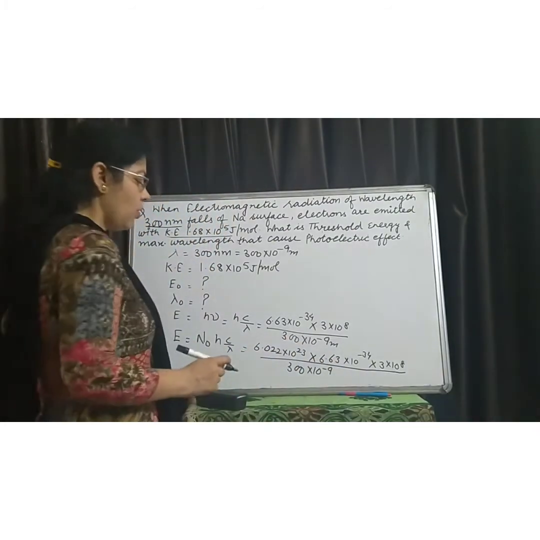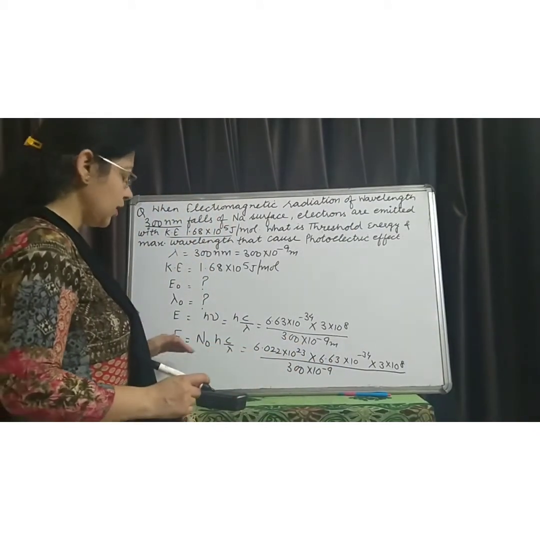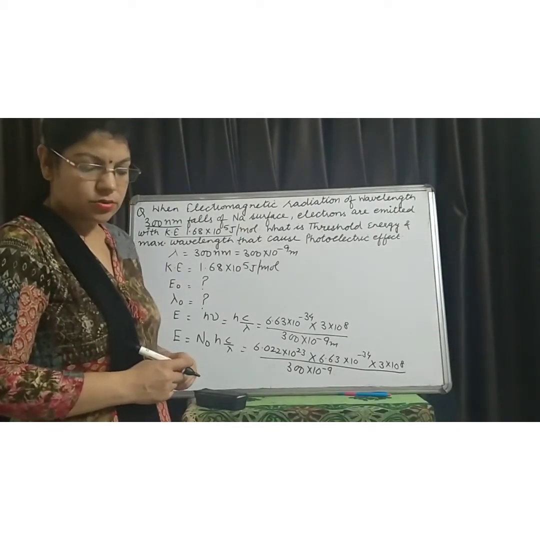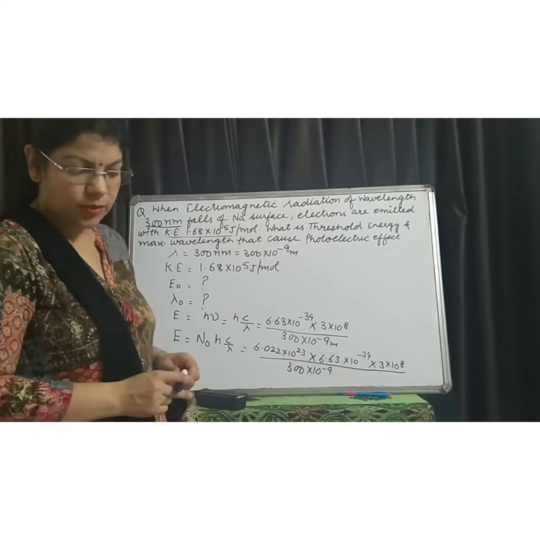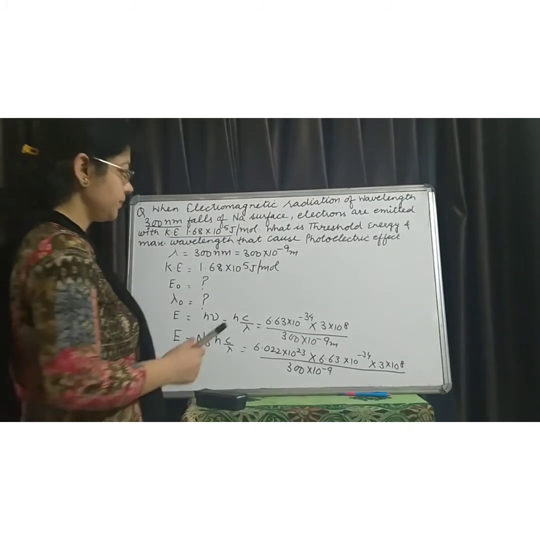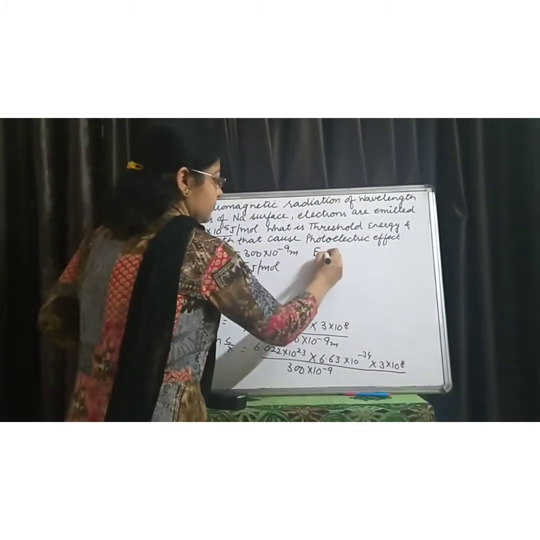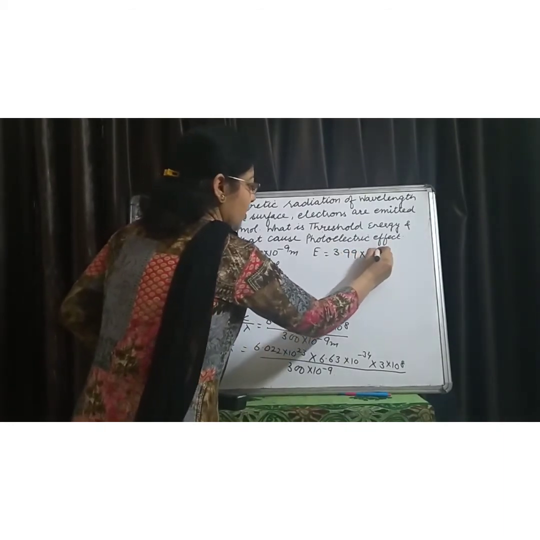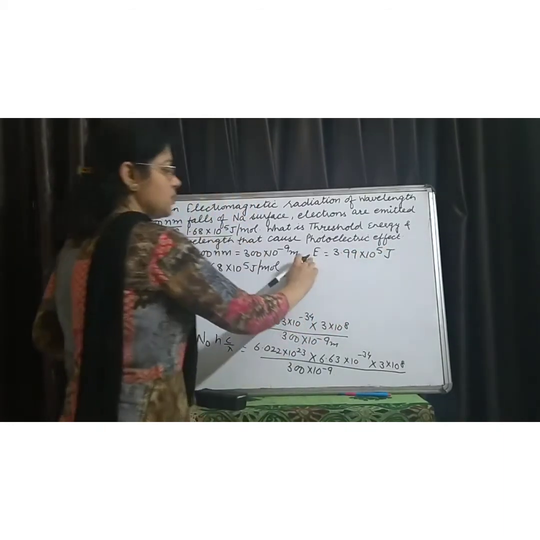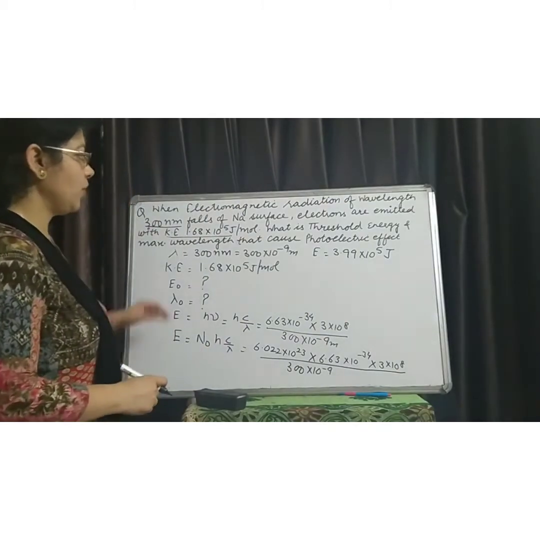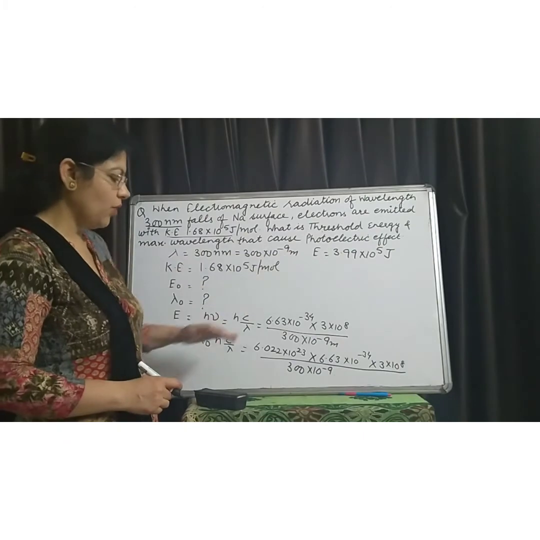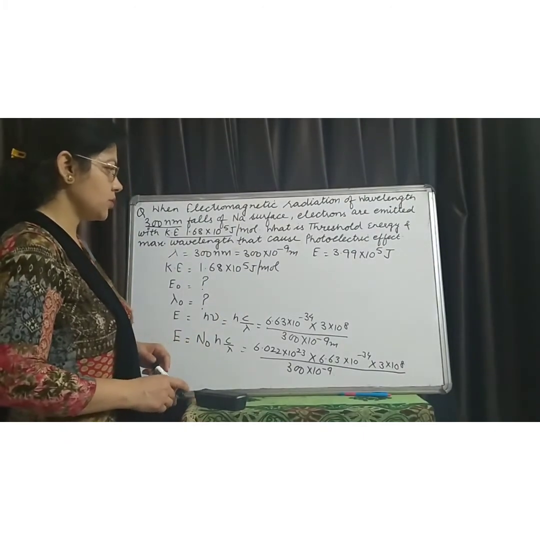When you solve all this, you get the total energy of the photons, that is 3.99 × 10^5 joule. This is the total energy of the radiation. Total energy means the energy of 1 mole of photons.